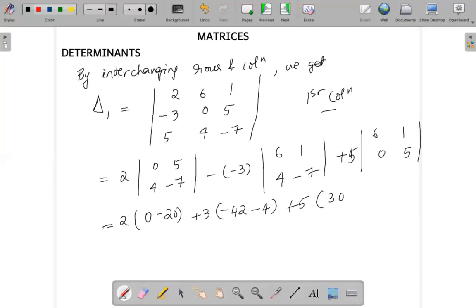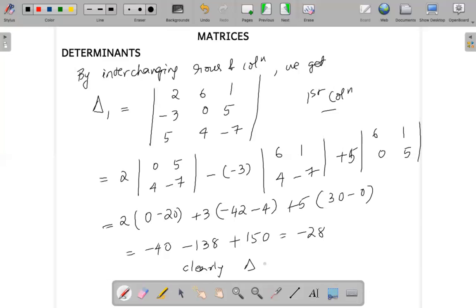This is 30. So on further simplifying, we get this as minus 40 minus 138 and plus 150, which is equal to minus 28. So we got it clearly.